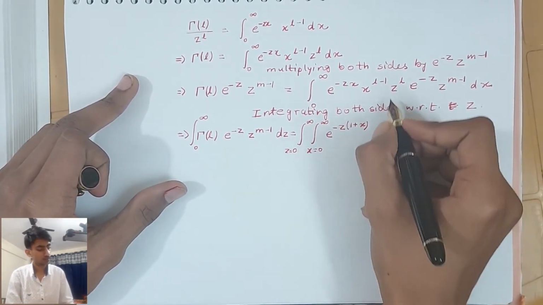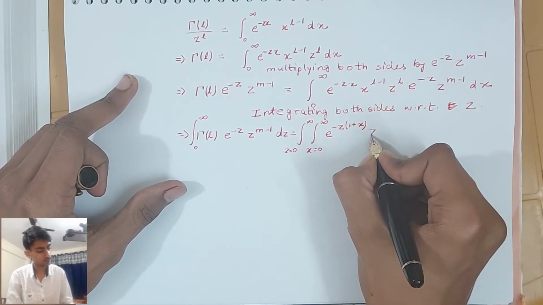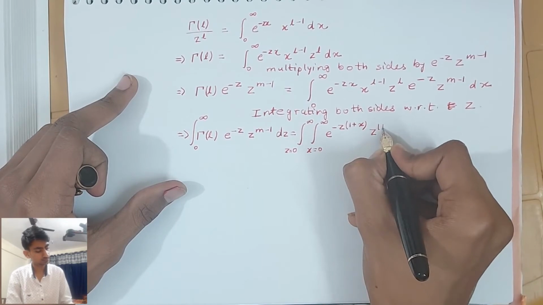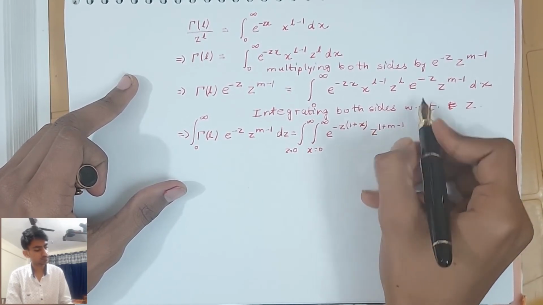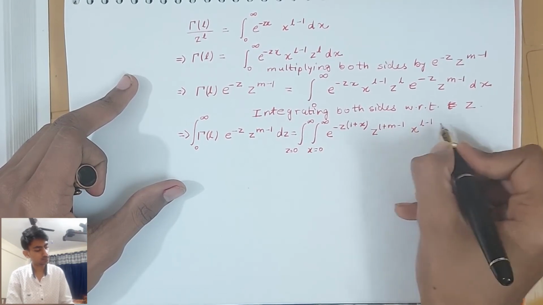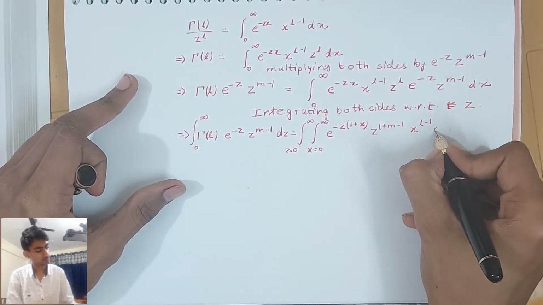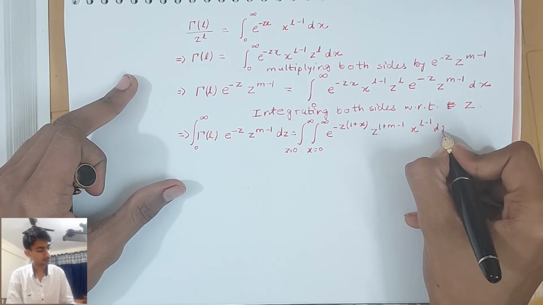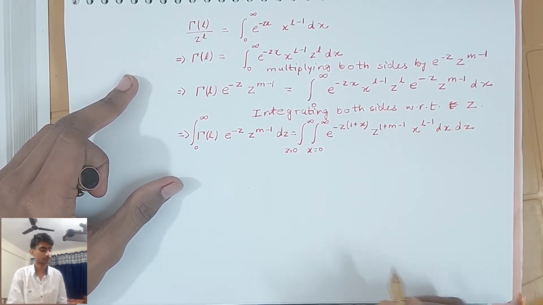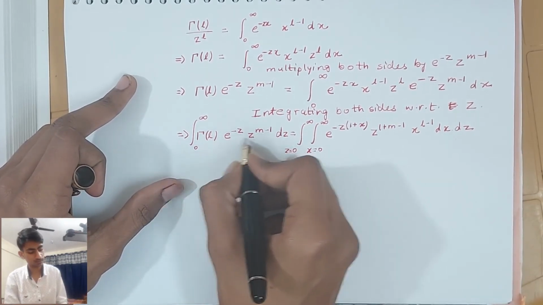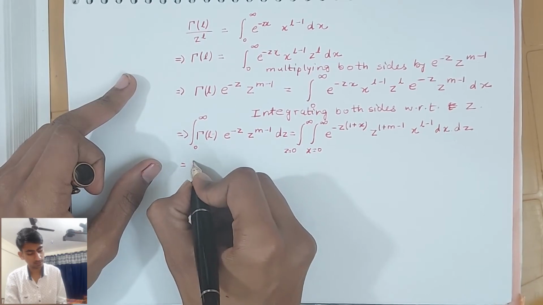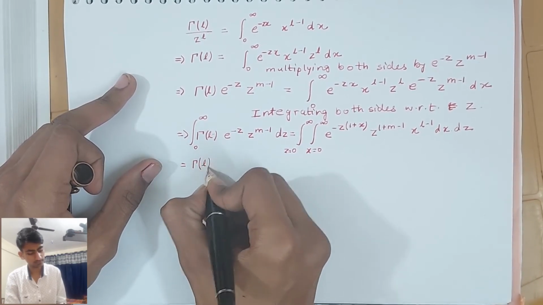Then we have z to the power L plus m minus 1, and x to the power L minus 1 dx dz. On this side, since gamma of L is independent of z, I can write it outside the integration.